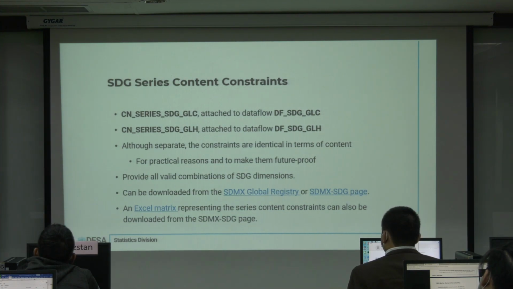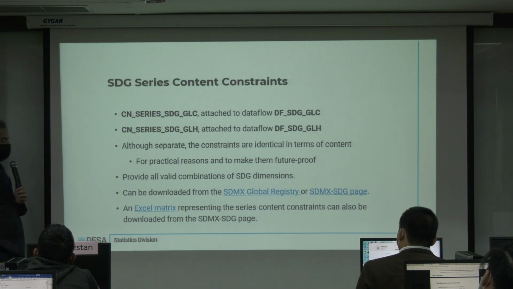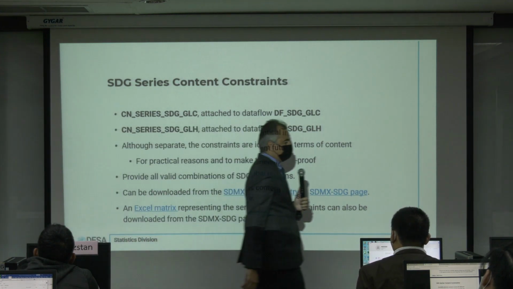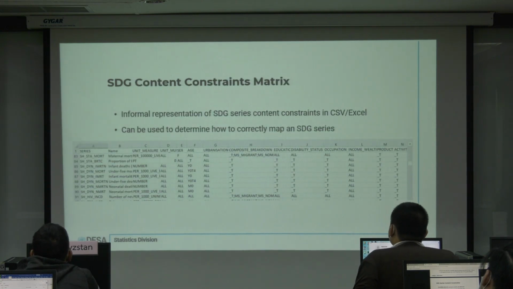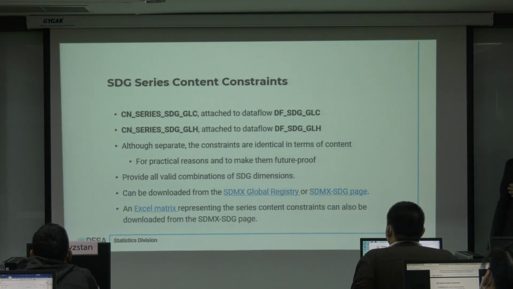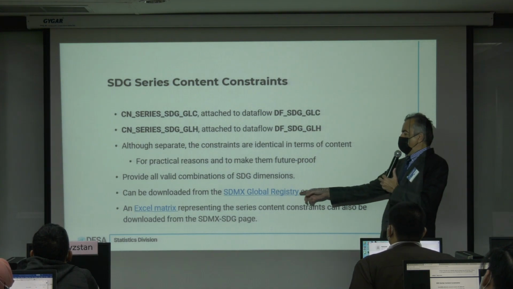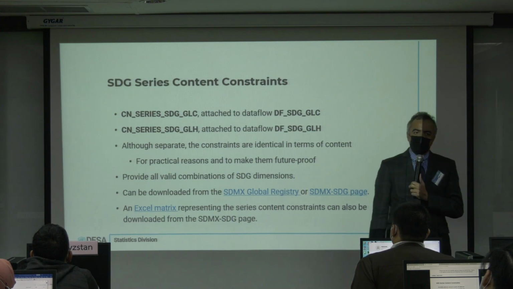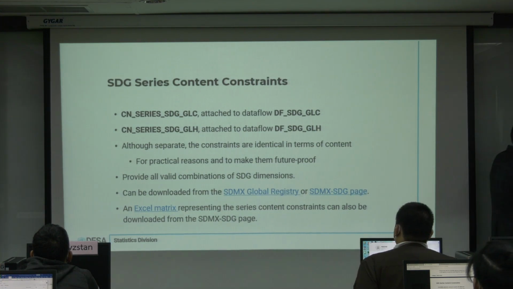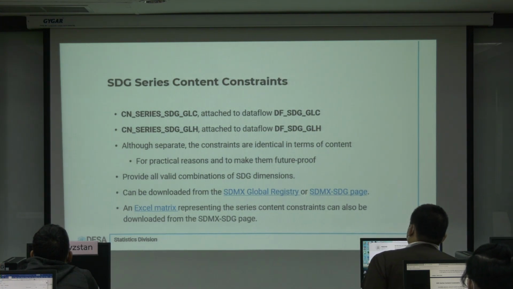But for now, they're identical. So, you can look at the content constraints at the SDMX Global Registry. You can download them from the Global Registry or from the SDMX SDG webpage.